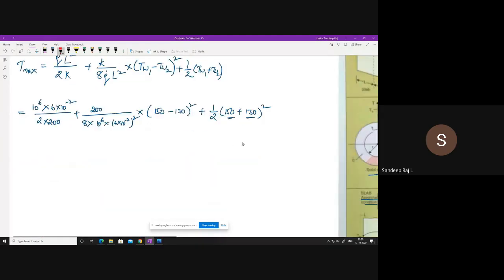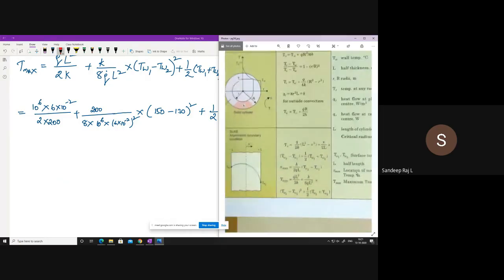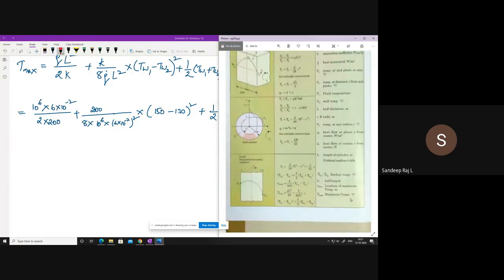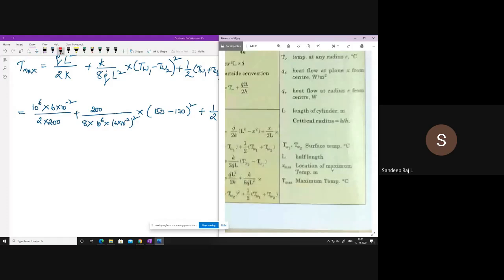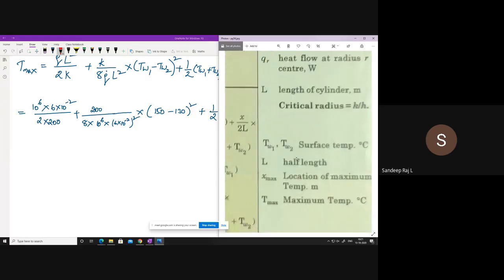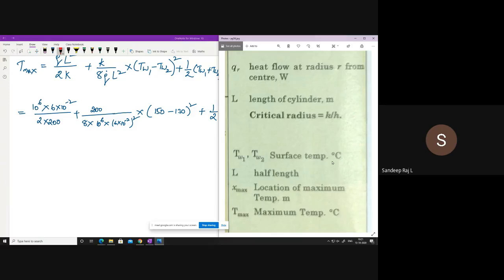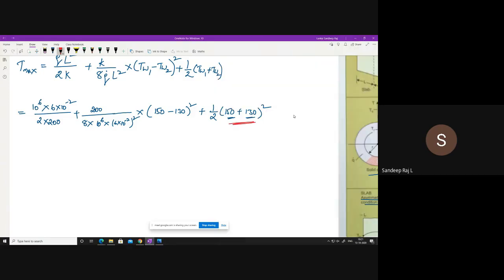Whereas here you made an addition, so you may have to check whether these values are correct or not. For that, you have to refer to your nomenclature clearly. Whatever values are given to you, TW1, TW2, as you can see, their surface temperature is in degree centigrade itself. So you can substitute the values in degree centigrade itself. Okay. So that's the thing.